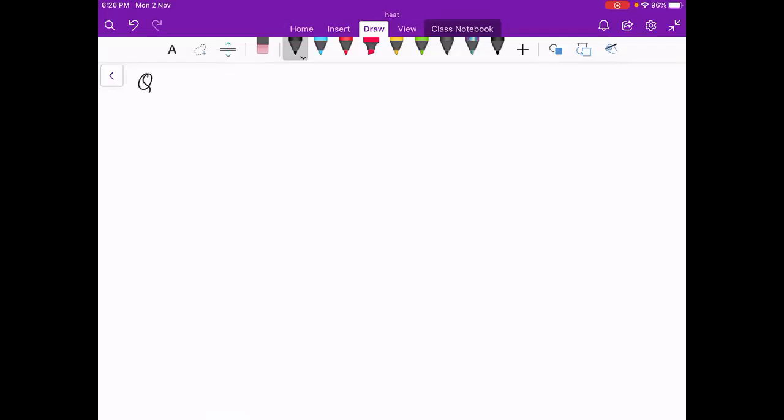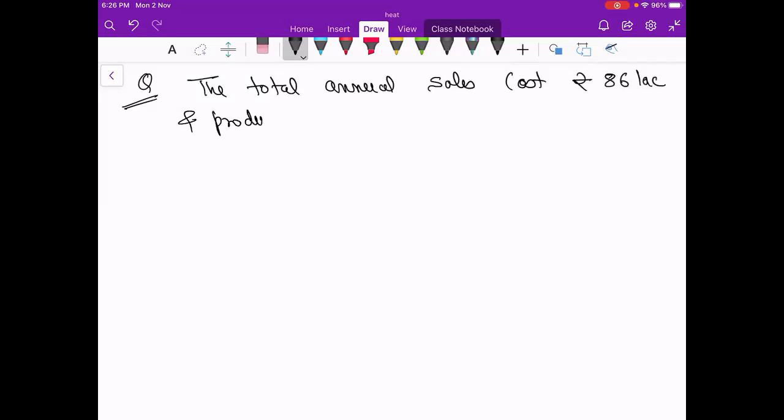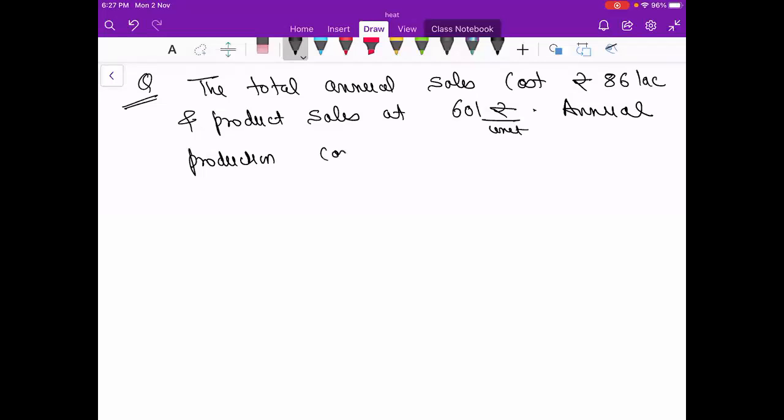Okay, right. Next question. The total annual sales cost is rupees 86 lakh, and the product sells at 601 rupees per unit. The annual production cost of the plant is 30.2 lakh.